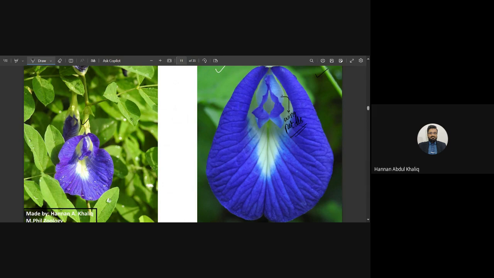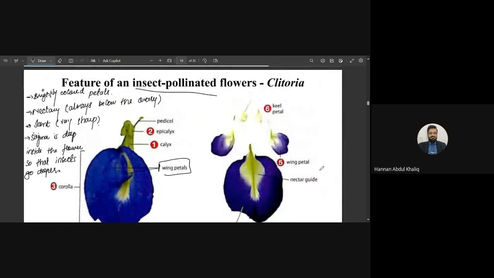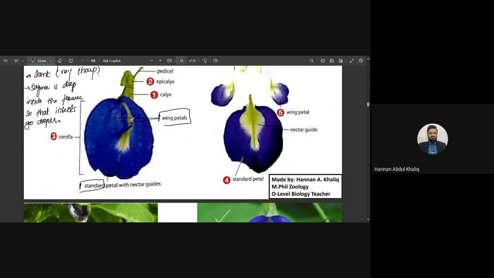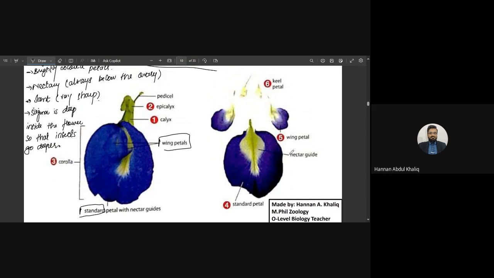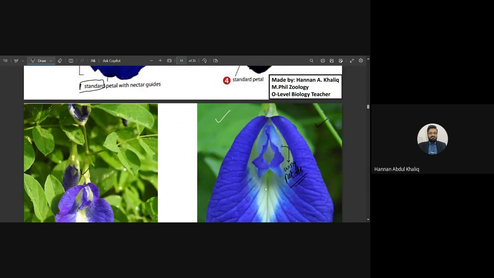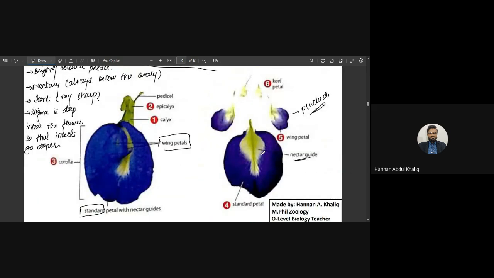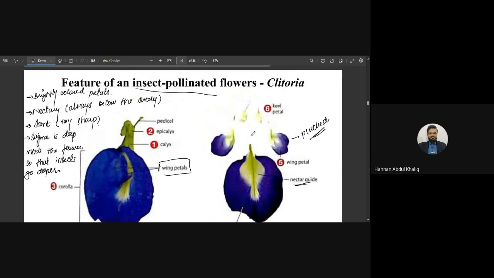If you pluck the wing petals, you will see a nectar guide. Nectar guide means this would guide that, okay, nectar is here, come. So the insects would follow this nectar guide.